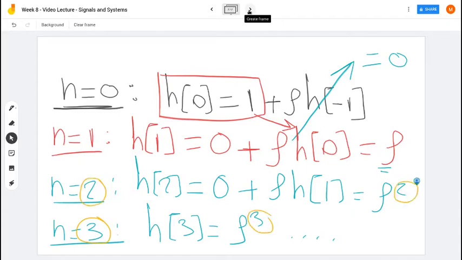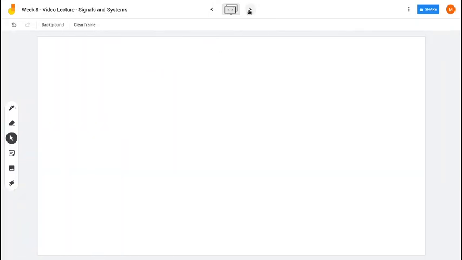At n equals 1, it's rho to the power 1. At n equals 0, it's rho to the power 0, which is 1. So now we can conclude that the impulse response h of n is equal to rho to the power n.